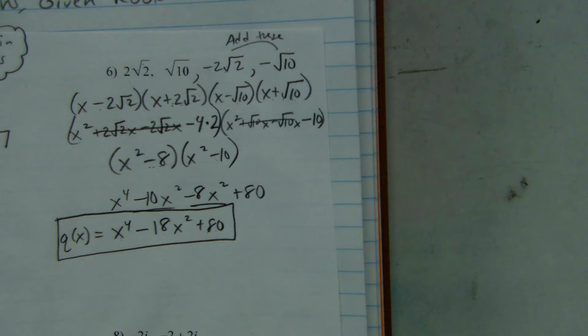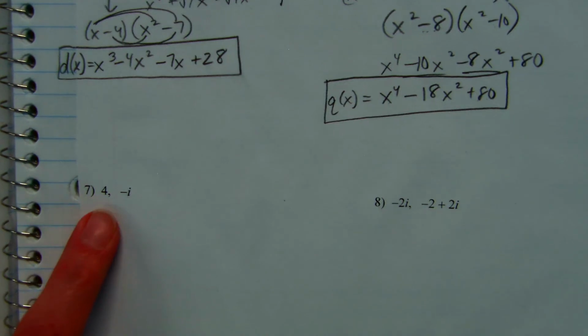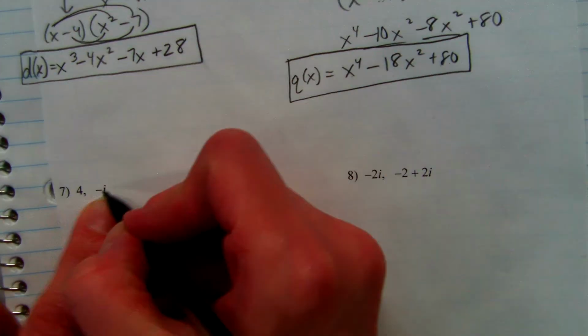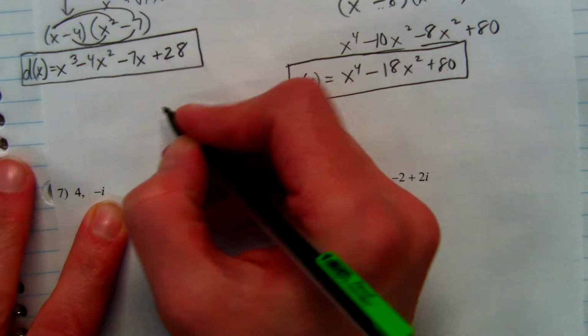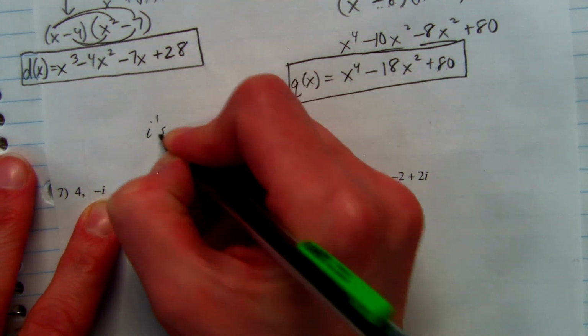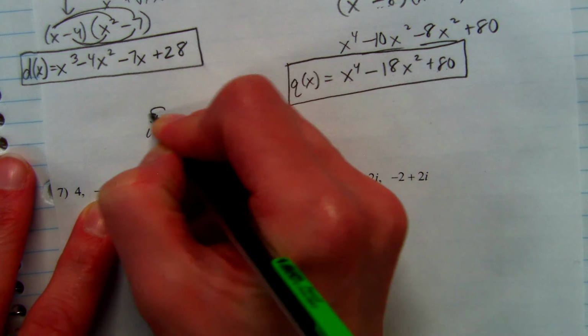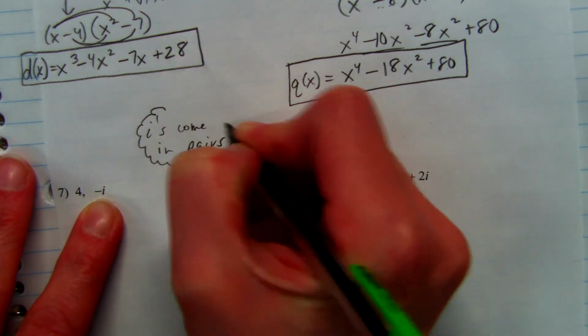We're going down now to look at what happens if we have complex roots, which means we have i's. So down here on number 7, I have 4 and I have negative i. Just like radicals, because i is technically the square root of negative 1, i's also come in pairs. So I'm going to put a little note there.